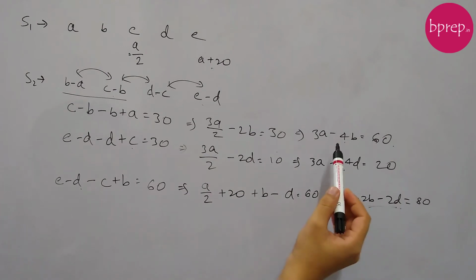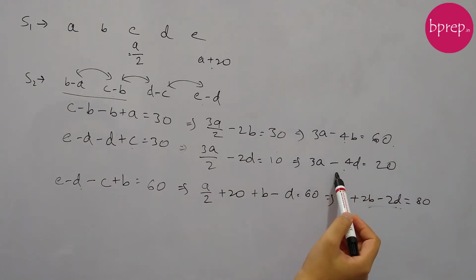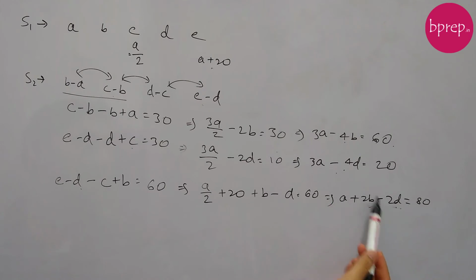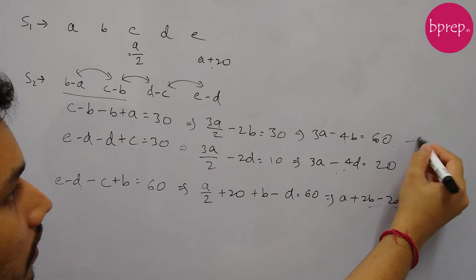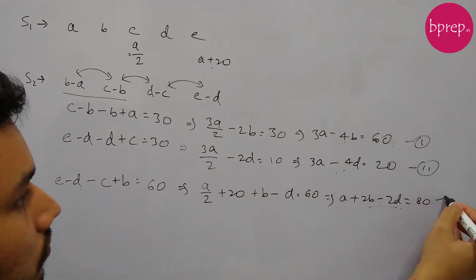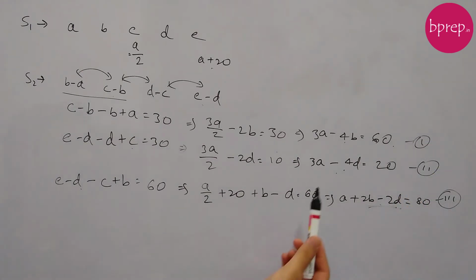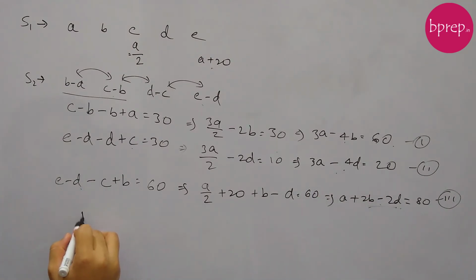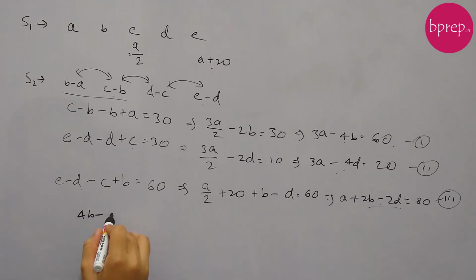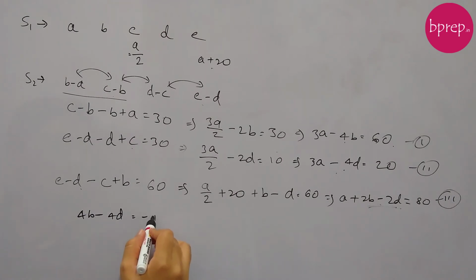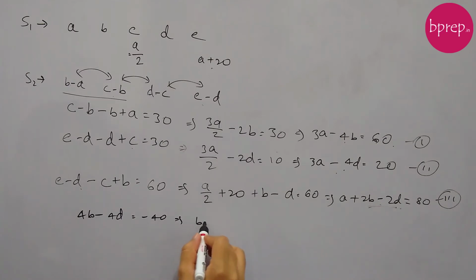If we subtract equation 1 from 2, we get 4B minus 4D equals minus 40, or B minus D equals minus 10.